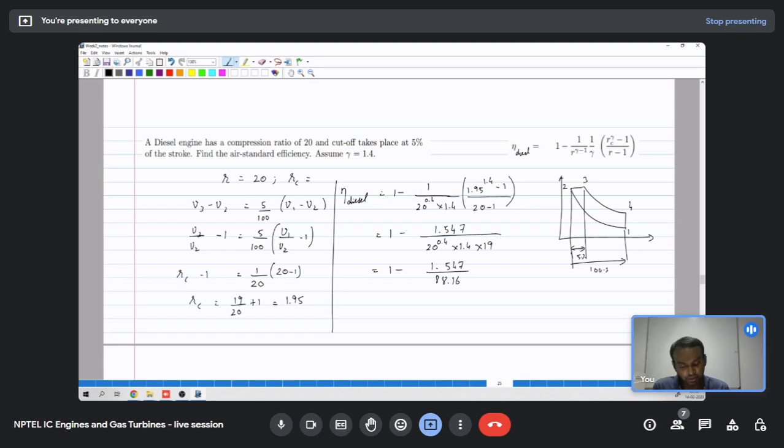On the right hand side it is 5 by 100 into V1 by V2 minus 1, right? So RC should be given by V2, no?